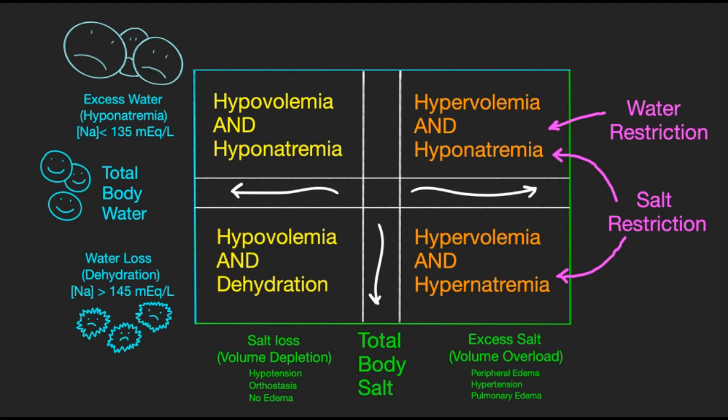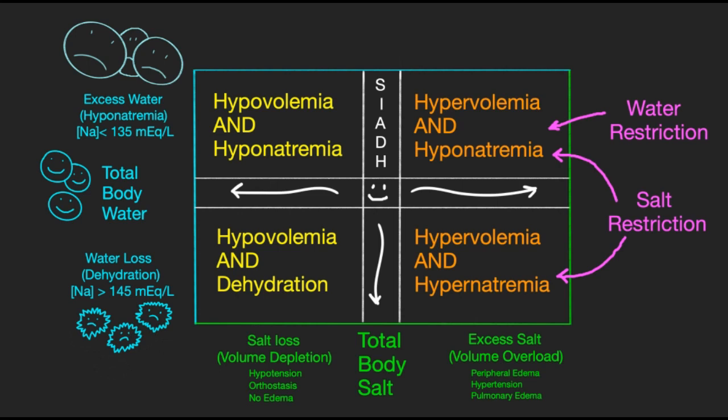And then you can also have pure hyponatremia with normal volume status, and sometimes we call that SIADH, or syndrome of inappropriate ADH secretion. So obviously in the middle, this is where everyone's happy and there's no salt or water disorder, and so I'll put the smiley face there.